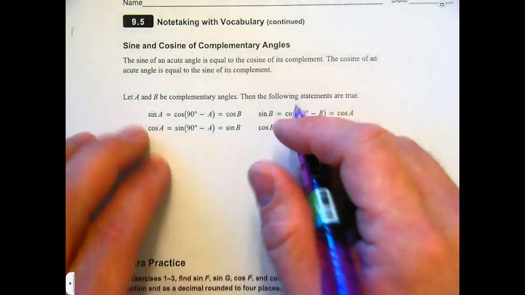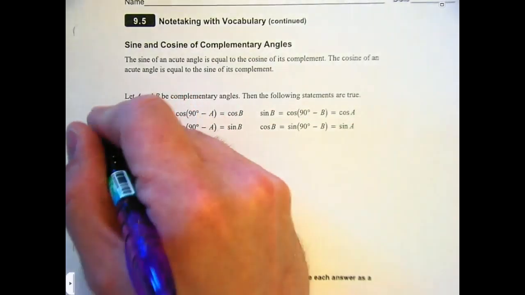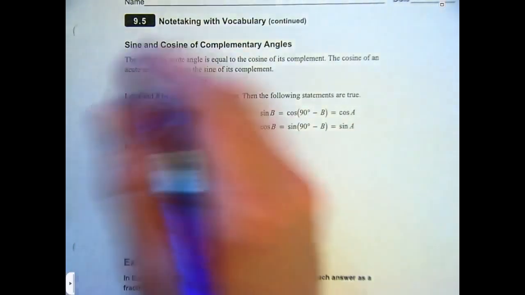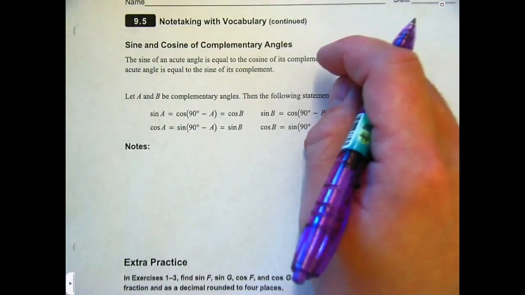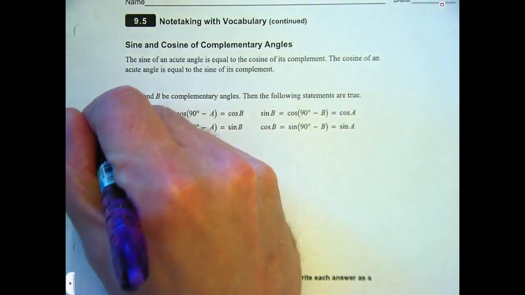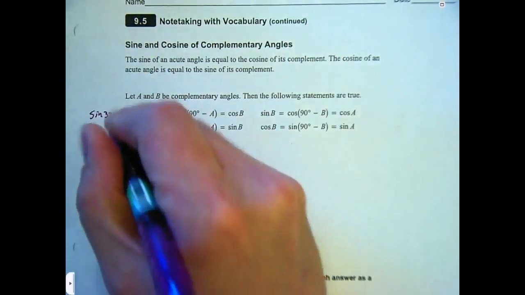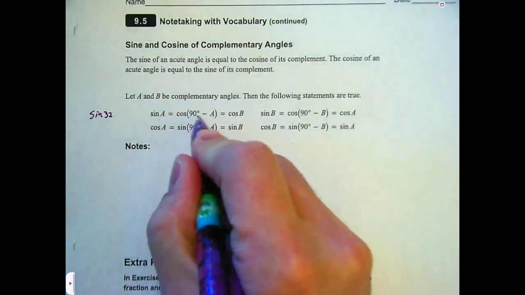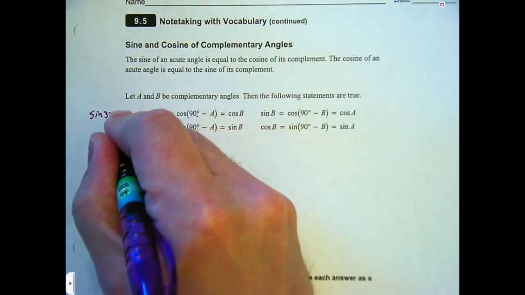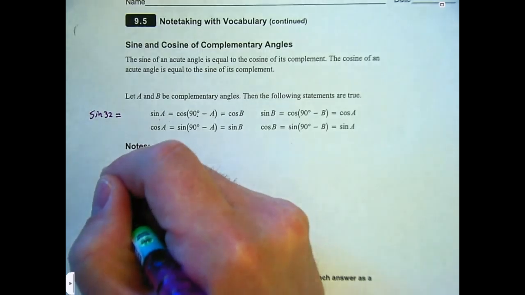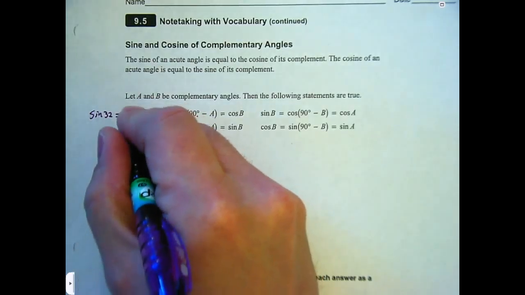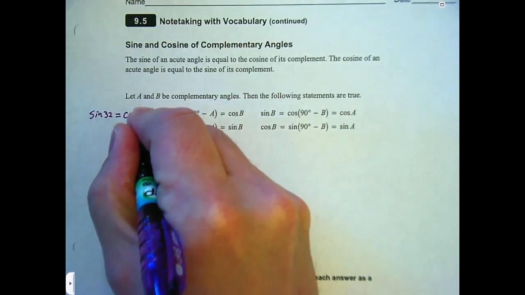So, for instance, let's understand what this is saying. Someone give me a measure between 0 and 90. 32. Okay, so we take the sine of 32. And 90 minus 32 is what? 58. So that's equal to the cosine of 58.